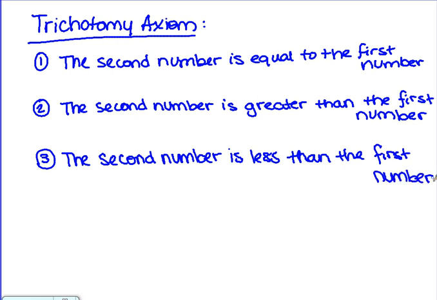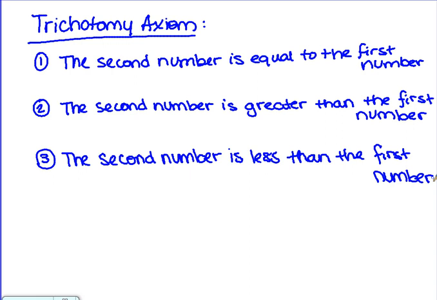Anytime we are talking about a comparison of two numbers, one of these will always be true. They're either going to be equal, one's going to be greater than the other, or one's going to be less than the other. Nothing can be different when we're comparing numbers. There's no other option. It has to be one of these three.